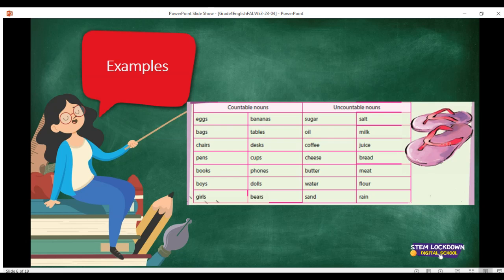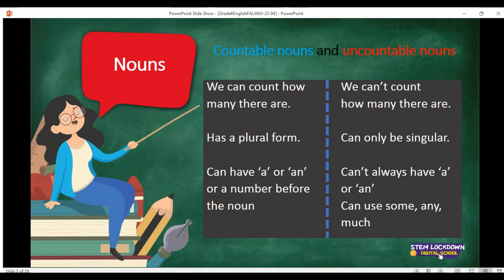So remember, with uncountable, I can use any, some, and much. Like if we talk about the weather, I can say how much rain is there today. Can't say there are 2 rains. Definitely doesn't sound correct. So if you can remember this rule for countable and uncountable nouns, then you should easily be able to tell the difference.